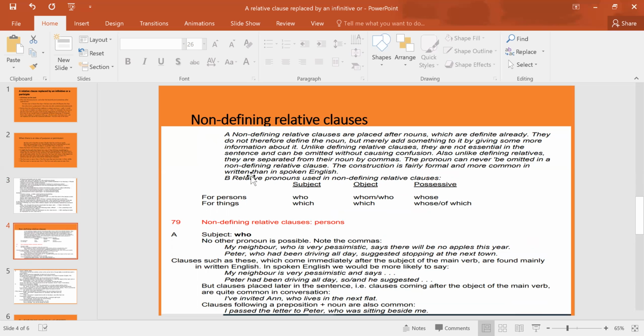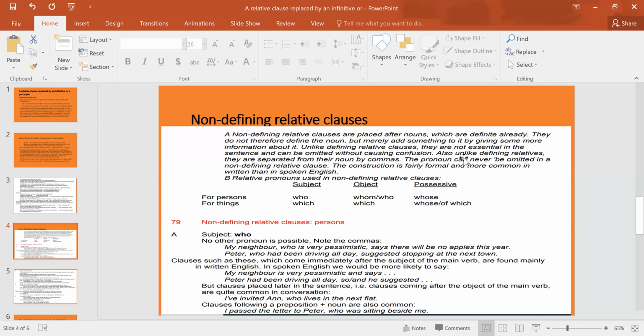Still, if you put any relative clause after a definite noun, that clause would become a non-defining relative clause. They do not therefore define the noun, but merely add something to it by giving some more information about it. Unlike defining relative clauses, they are not essential in the sentence and can be omitted without causing confusion.